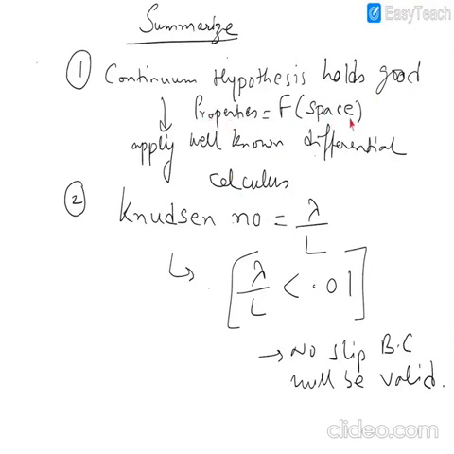On the other hand, we defined a very important number, the Knudsen number, sorry for the previous explanations where I mentioned SON, it will be Kn, and that is defined as lambda by L. So for practice, when lambda by L is less than 0.01, we can comfortably consider this continuum hypothesis. And for that condition, the no-slip boundary condition will be valid. Thank you.